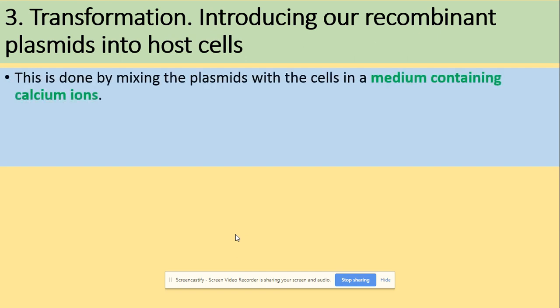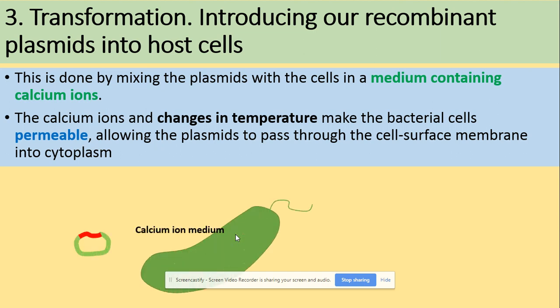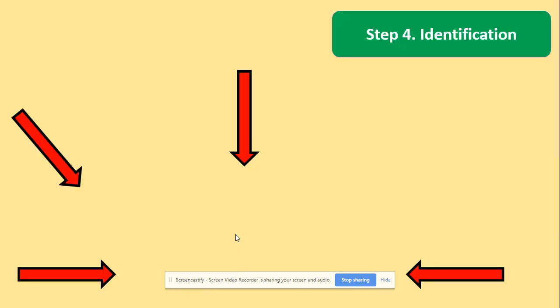So we need to make it permeable. How can we do it? We can do it by mixing plasmids with the cells in a medium containing calcium ions, and those calcium ions, together with changes in temperature, can make this bacterial cell wall permeable, so the plasmid can pass through the cell surface membrane.